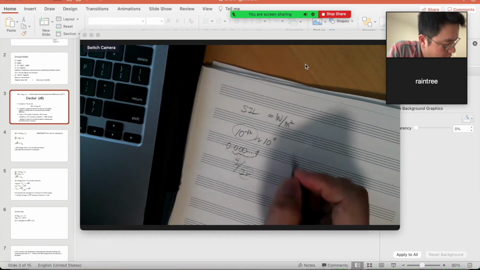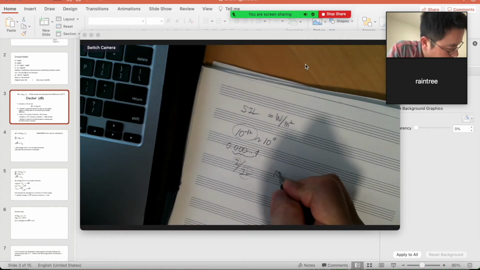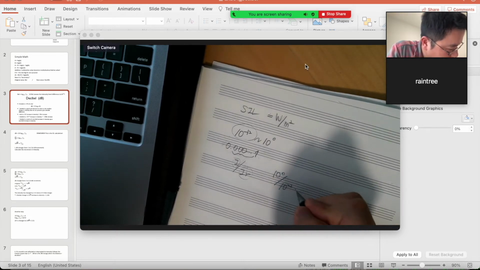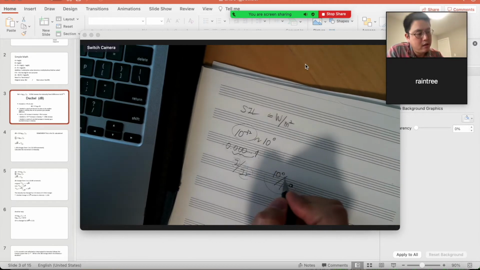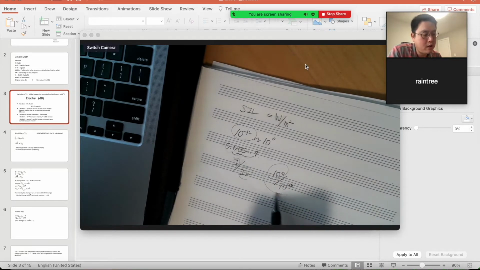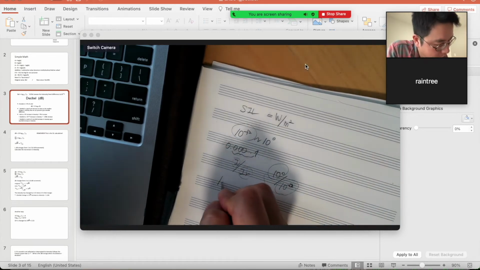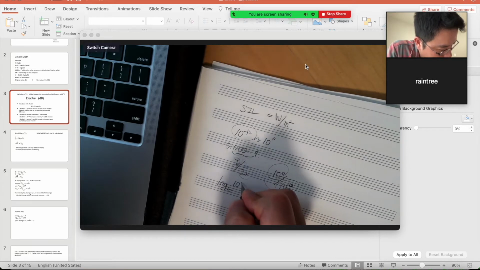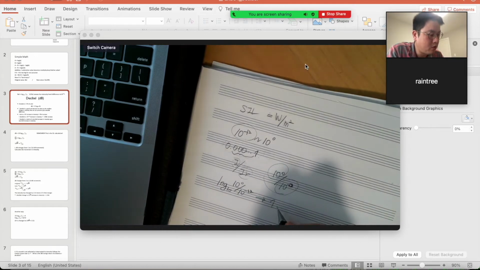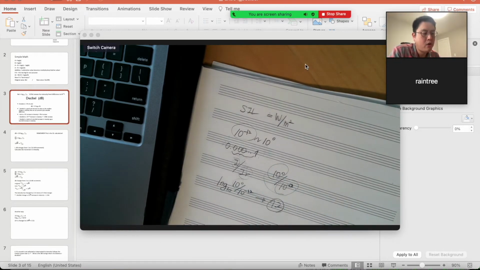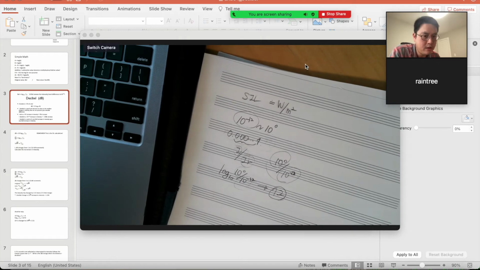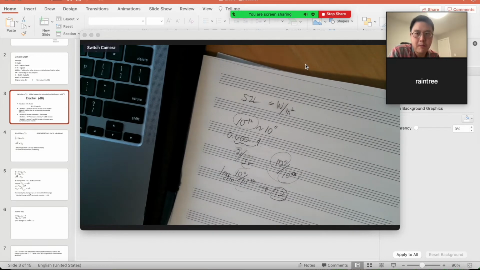If your sound intensity level is 10 to the zero over 10 to the minus 12, this one is 10 to the 12 larger than the reference sound intensity level. So if we put a logarithm there, this becomes just 12. So this is 12 times larger than this one if we express this in a logarithmic unit. So this is the definition of the bell.